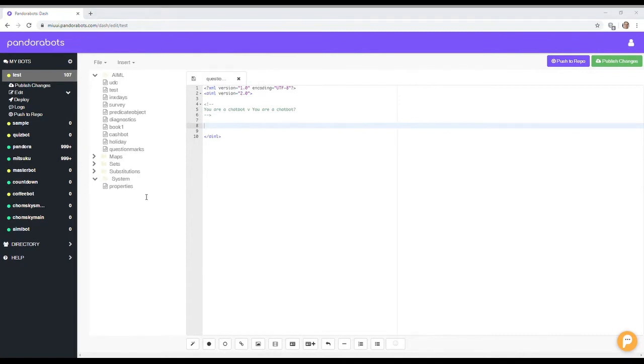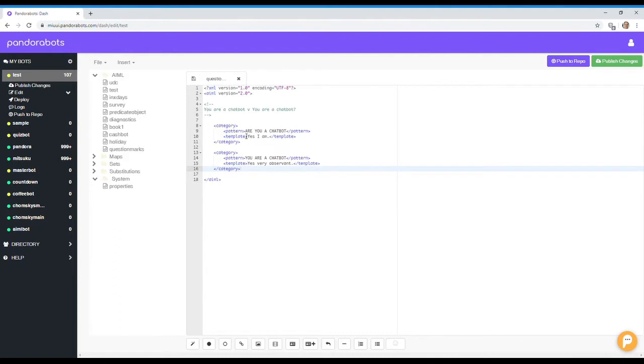So let's take a look. If I do something like this, here we go. We've got "are you a chatbot?" and the reply "Yes, I am." "You are a chatbot" is just going to say "yes, very observant." We can't do that, because if we try it, let's see what happens.